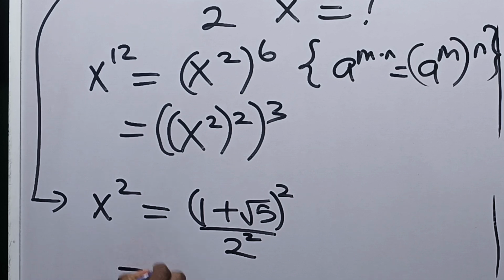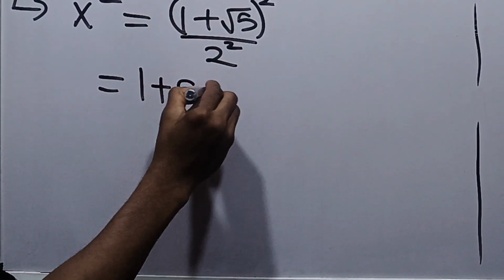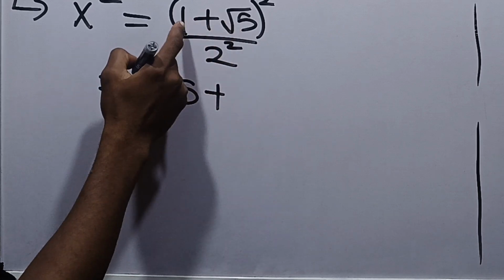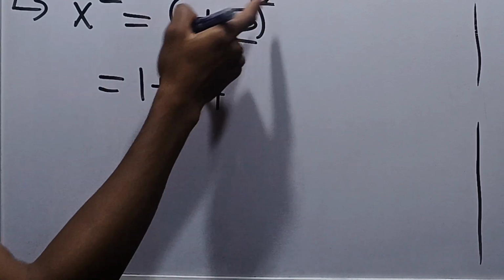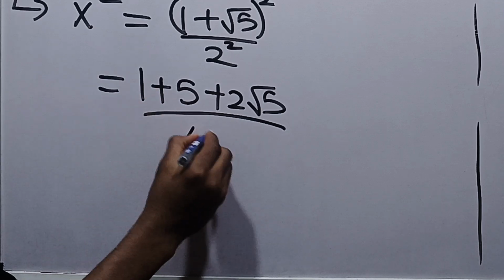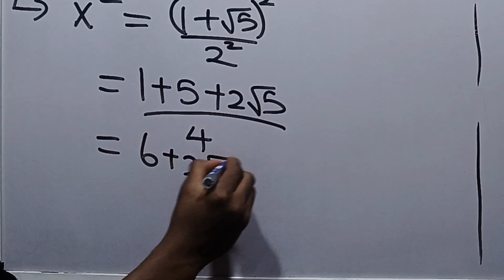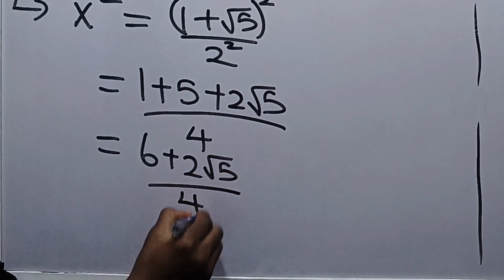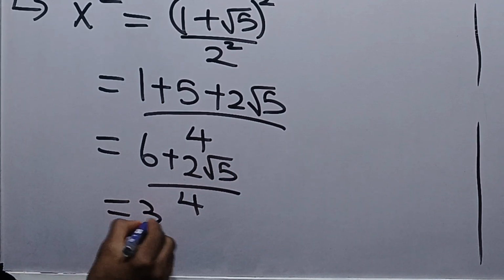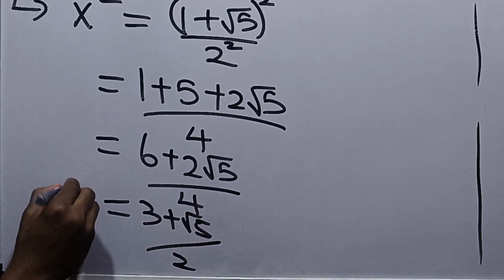This is now equal to 1 squared is 1, plus root of 5 squared is 5, plus 5 times 1. Root of 5 times 1 is root 5, times 2 is 2 root 5, divided by 2 squared, which is 4. This is equal to 6 plus 2 root 5 all over 4, which is now equal to 3 plus root 5 all over 2. And this is our x squared.